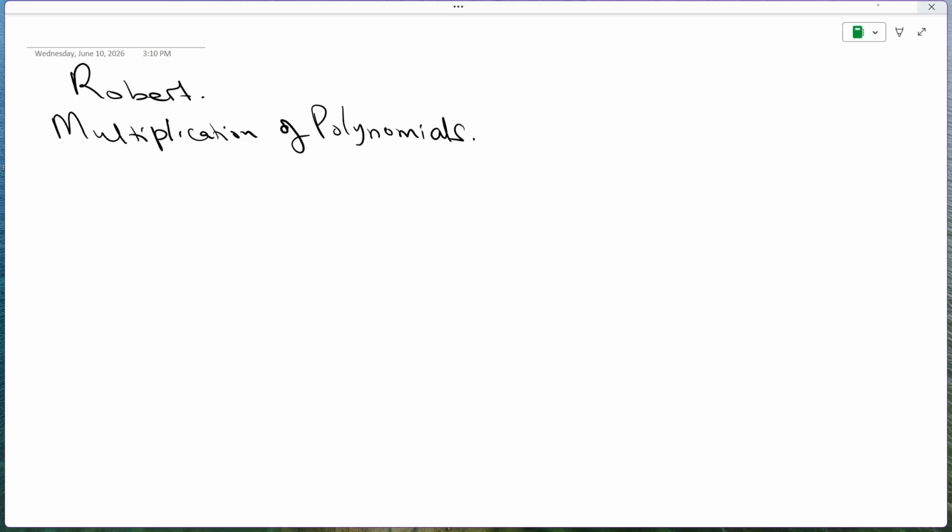Now let's look at the first example, which is 3x minus 4 multiplied by 2x plus 5. Now again, to solve this multiplication of polynomials, we use what we call the FOIL method.